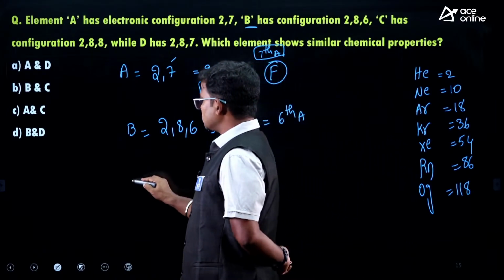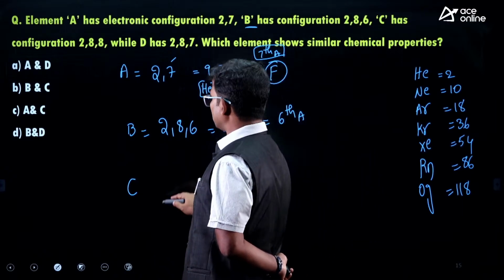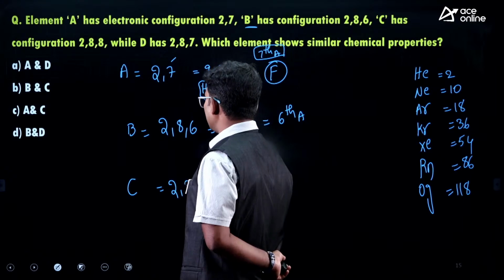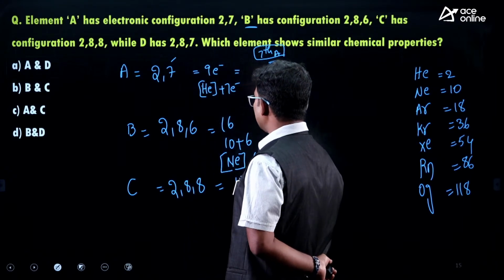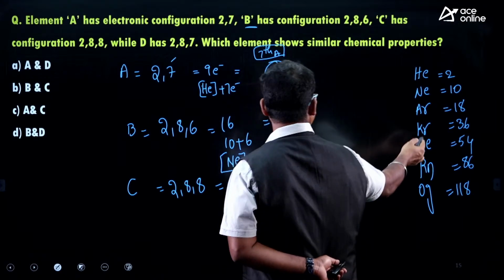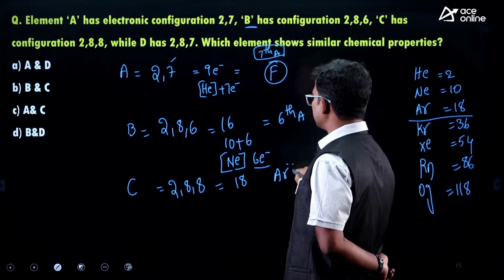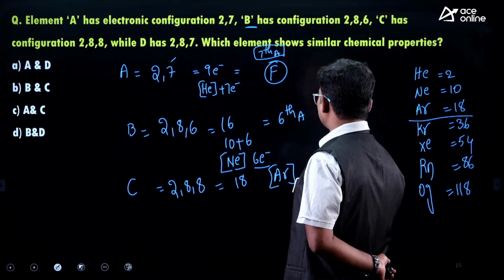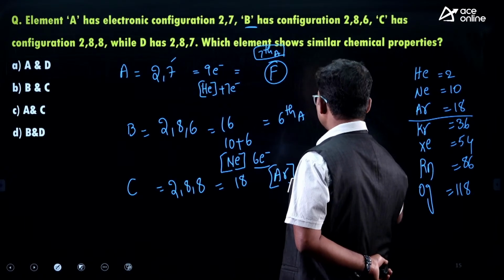Next one, C has configuration 2, 8, 8. Totally 18 electrons, which is nothing but argon. It is completely equal to argon, the 0 group or 18th group.